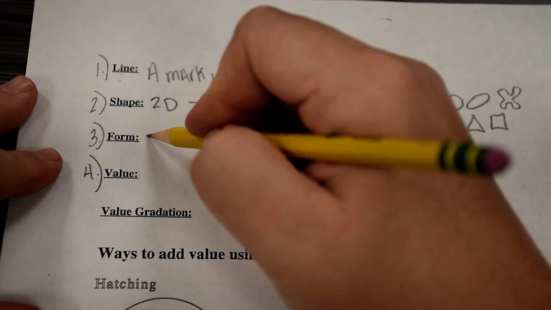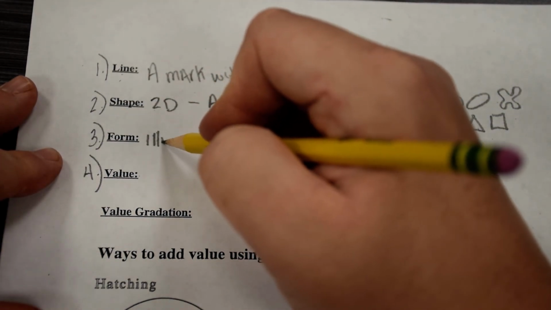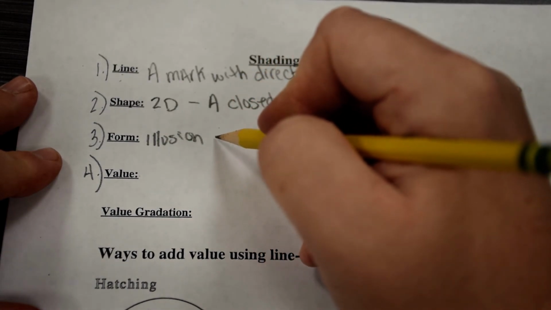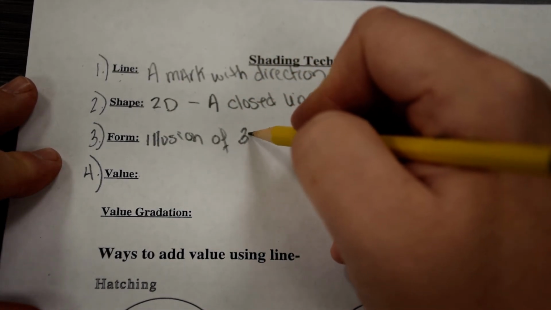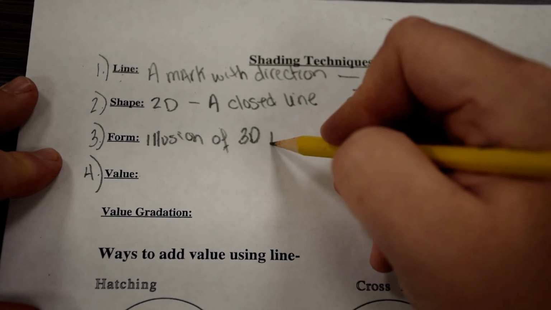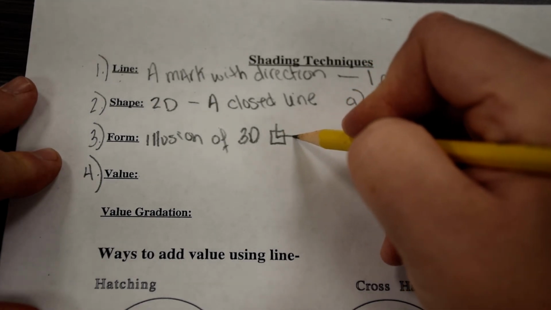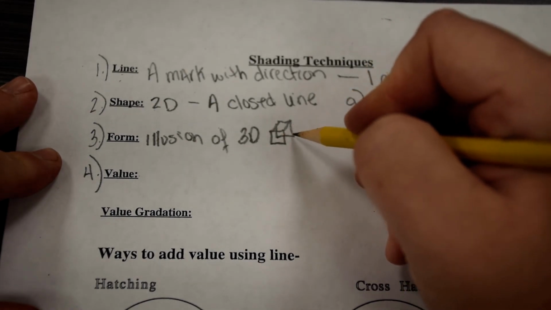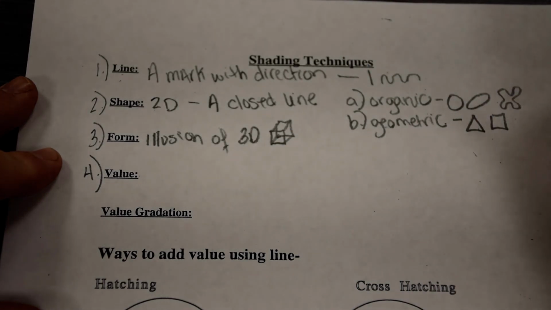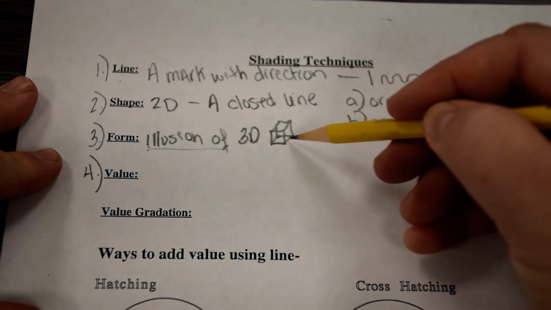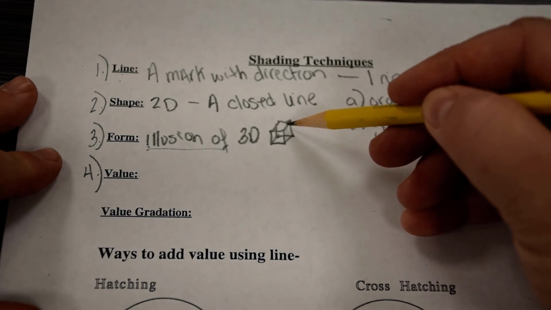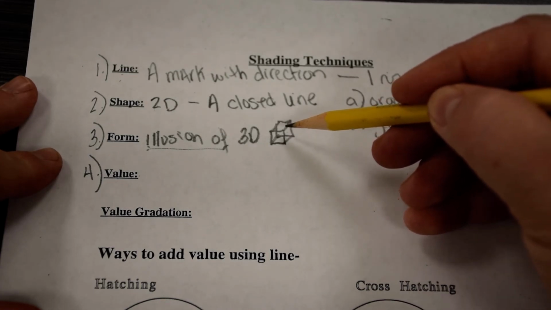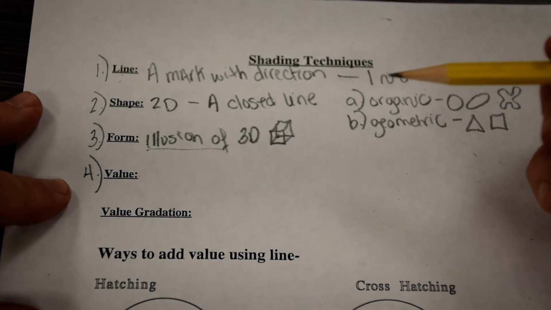Form, this is the illusion of 3D. Okay, we worked with perspective, drawing cubes, and then we drew 1 point and 2 point. Okay, it's the illusion because it's not just flat, or it is flat, but it appears to be three-dimensional.